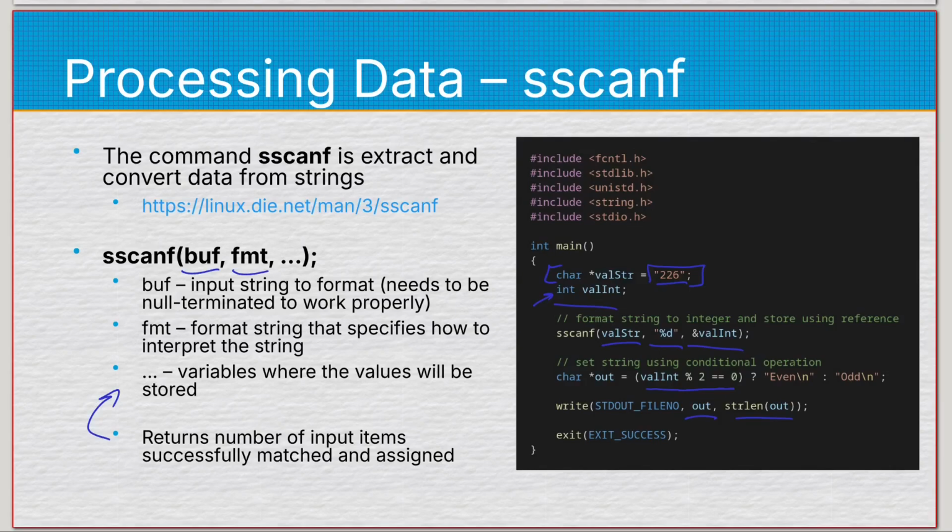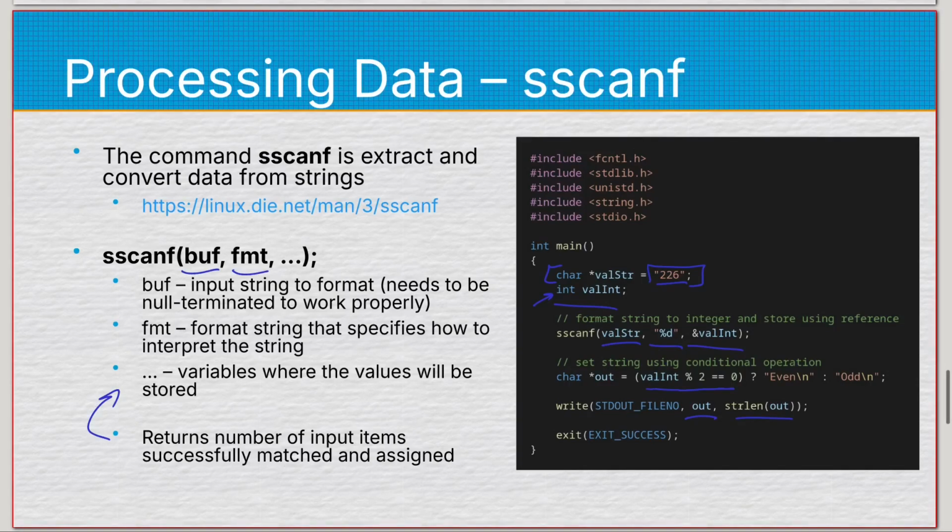So what would happen here is I've created the string of 226. It's a character array. I initialize an empty integer because I want to take the converted result and store it in this reference. So once I run scanf, it is going to take that 226, convert that to an integer, and store it in value integer.